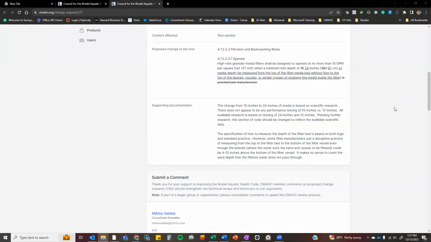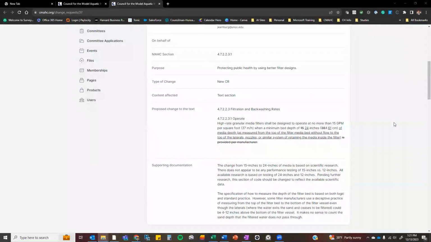James, can you give us a little bit of background on the change from the 15 to 24 bed depth? Do you know what the NSF 50 standard is based off of? Would this conflict with the NSF 50 standard?